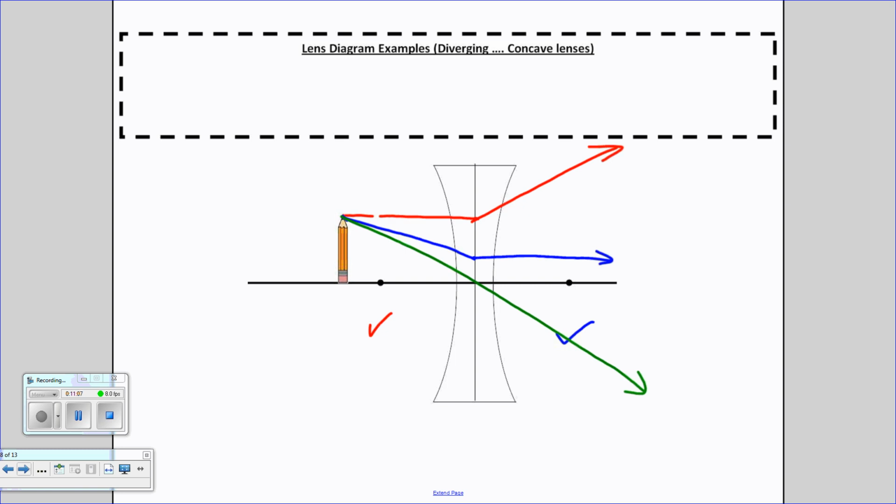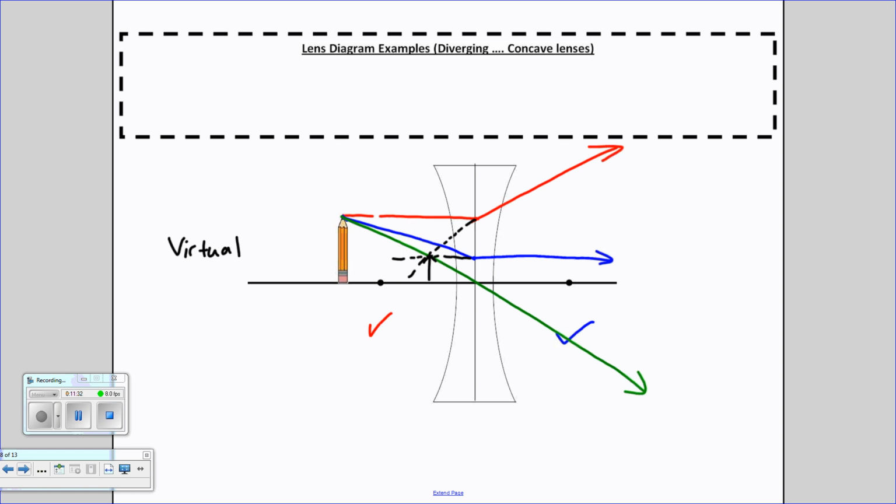So we know it's going to be virtual. Both those things are true. So we follow refractions backwards. And they meet right there. So the light doesn't really meet, the dotted lines meet. So it is going to be virtual.